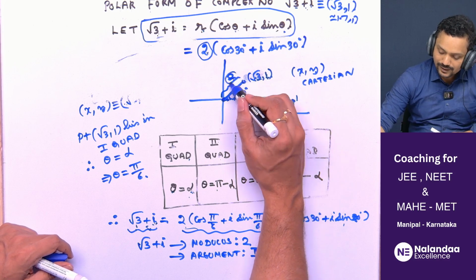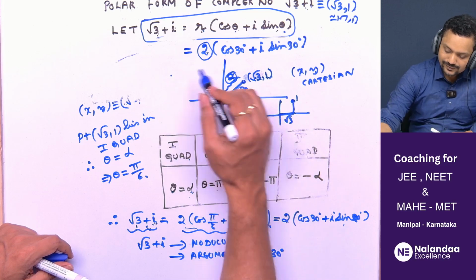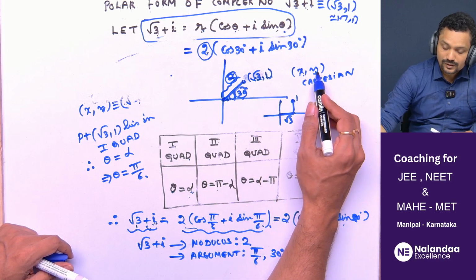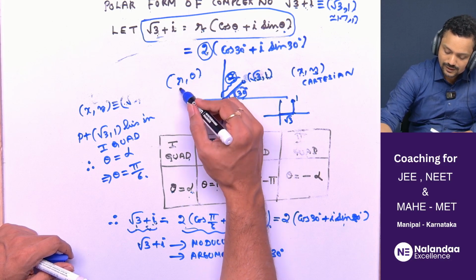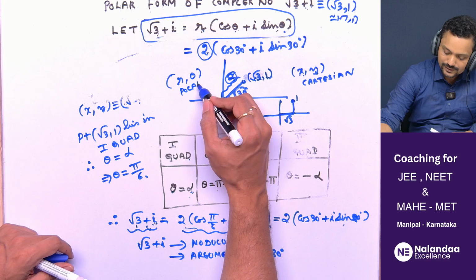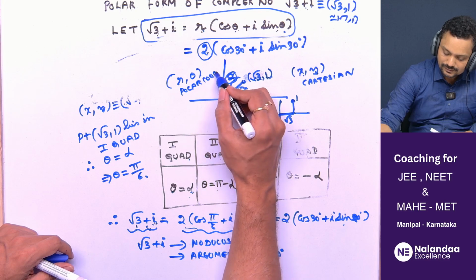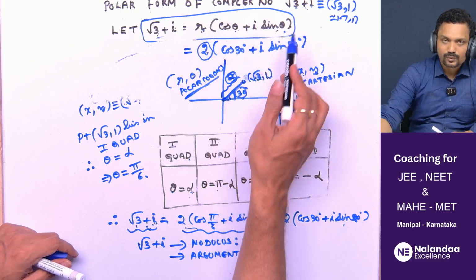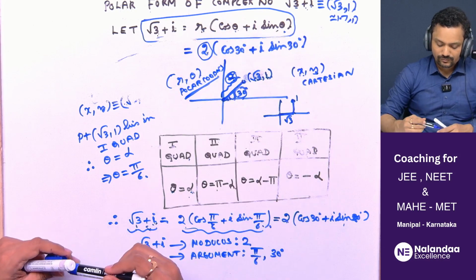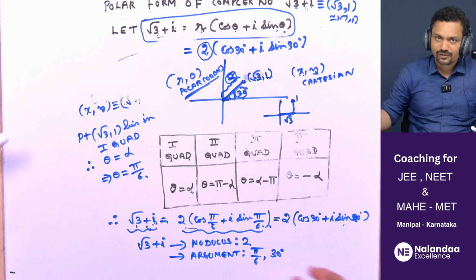So x and y are called Cartesian coordinates, and r and theta are called polar coordinates. That is why we have given the name polar form.